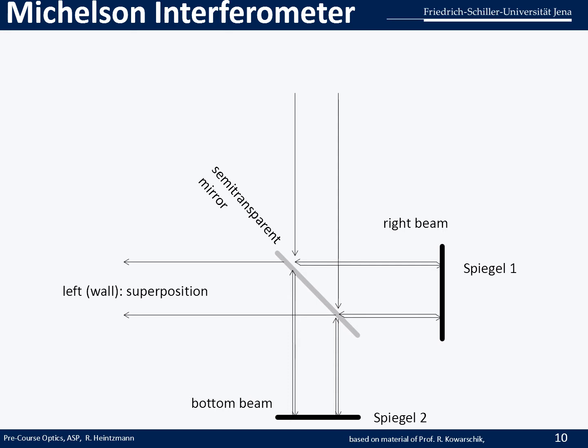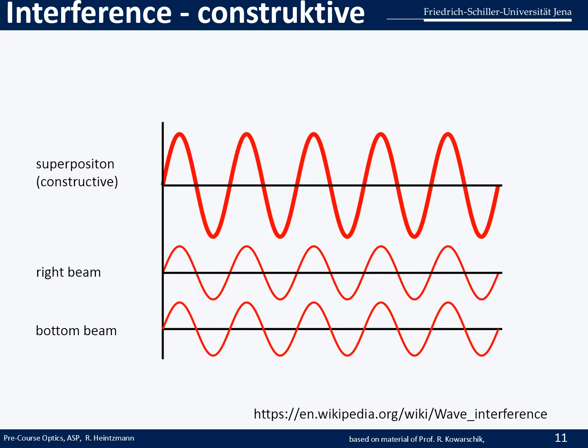So now, if we have waves, you see that if 2 waves overlap constructively, that means they're in phase, and the phase is the difference between the maximum from one wave and the maximum of the other wave, then you get constructive interference and you get an even more powerful wave.